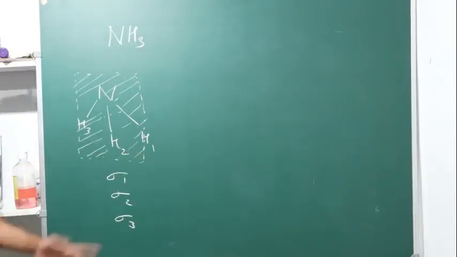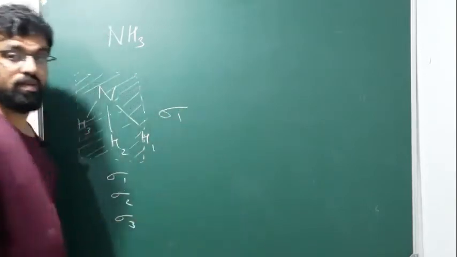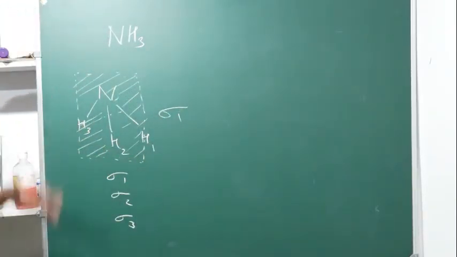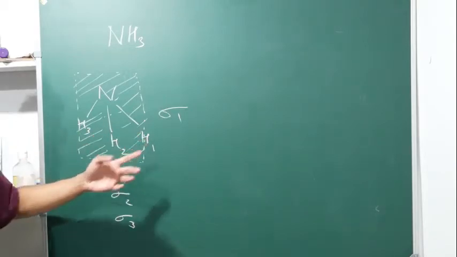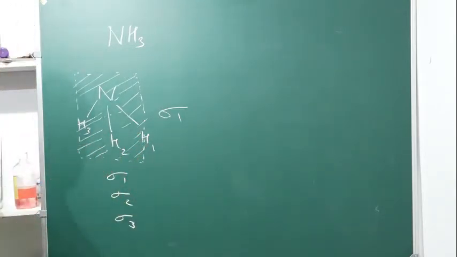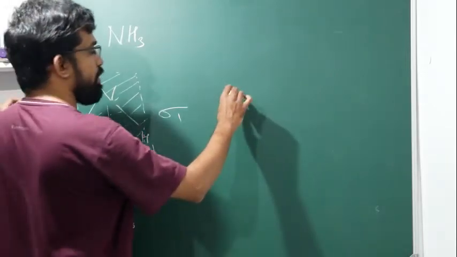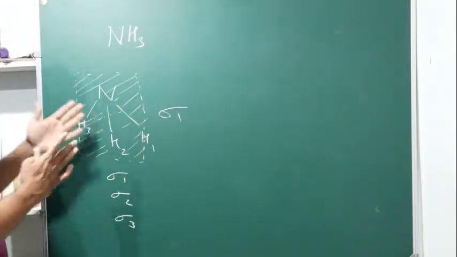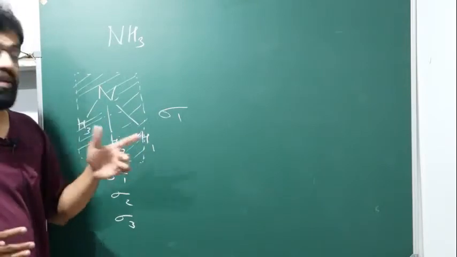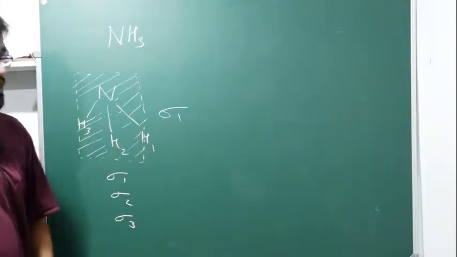So what happened on sigma v1? What changes will take place in the positions of the hydrogens H1, H2 and H3? That is our interest. This is your reflection plane. What happened? H1 is unchanged.